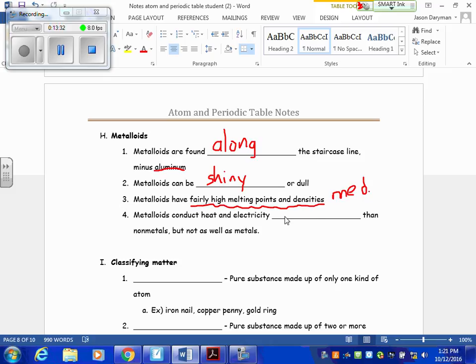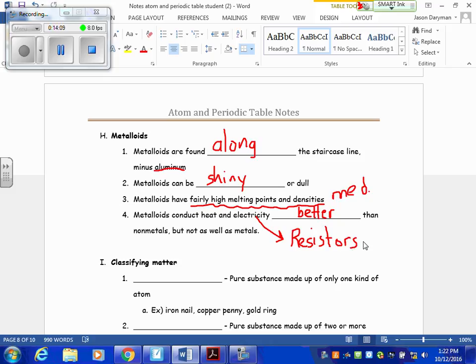They're somewhere in between. And they conduct heat well, or better than nonmetals, but not as good as the metals. Now when it comes to electricity, metalloids, because they let some through but hold back some electricity, they're not great conductors. They are known as resistors. The electricity goes through a metalloid, but not very well.